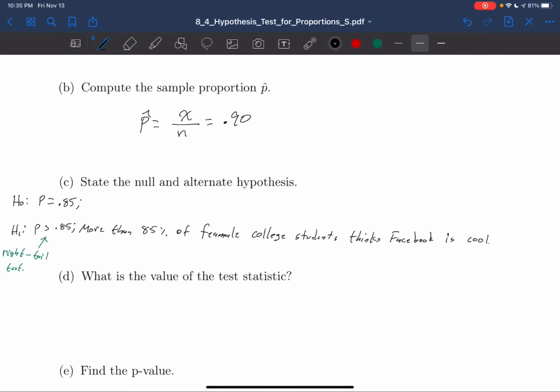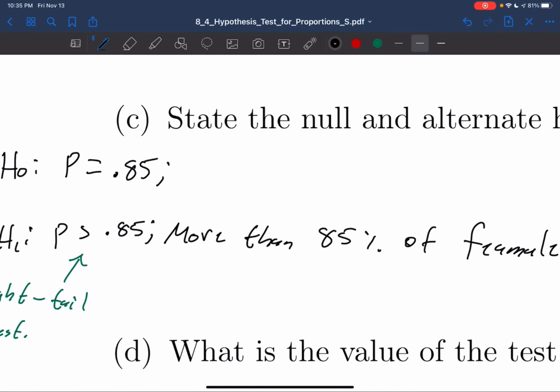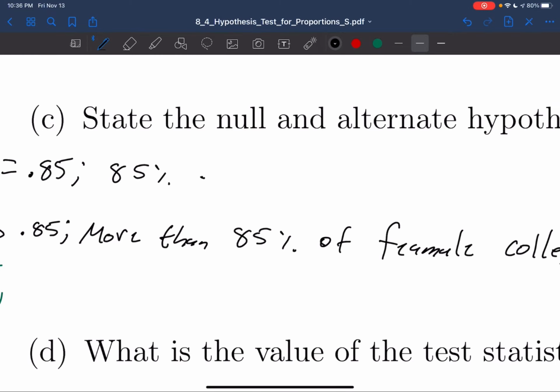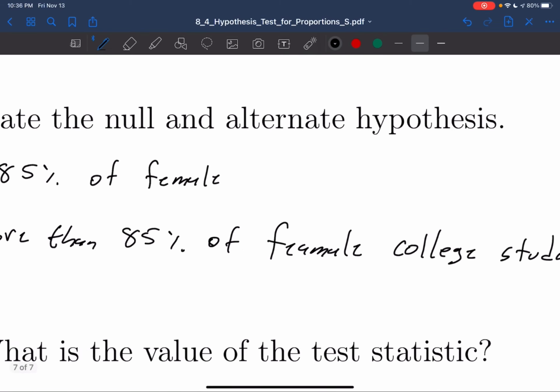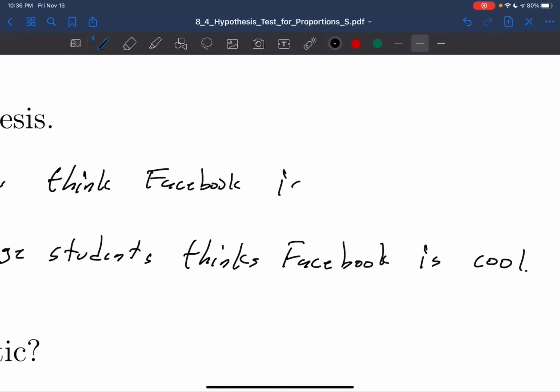So that's what we're working with. So in our null hypothesis, we could say that 85% of female college students think Facebook is cool.